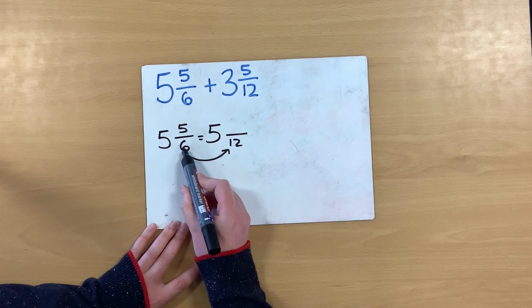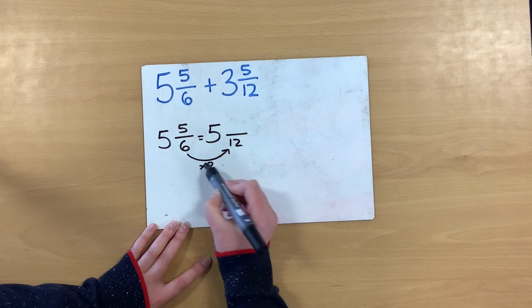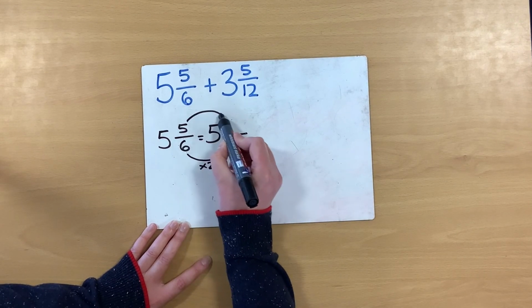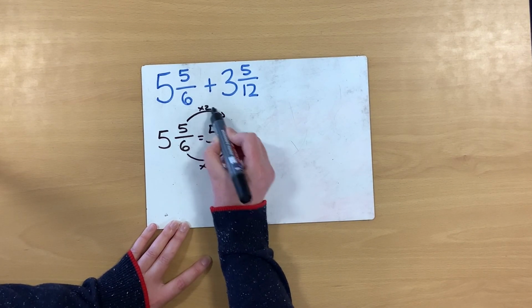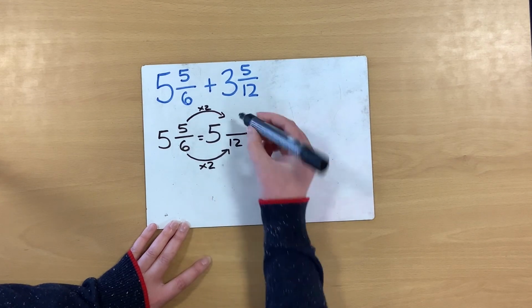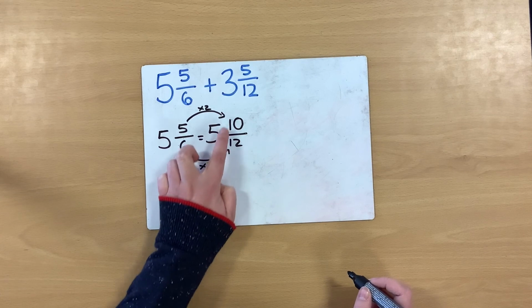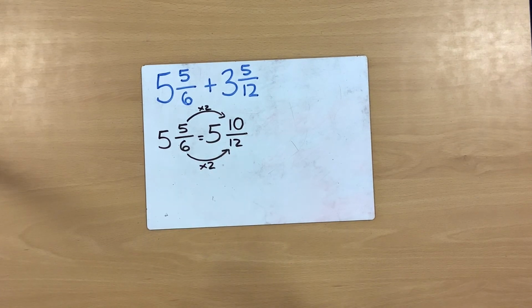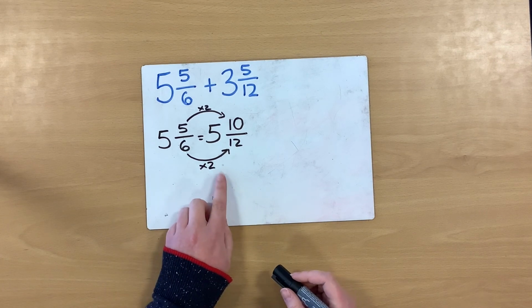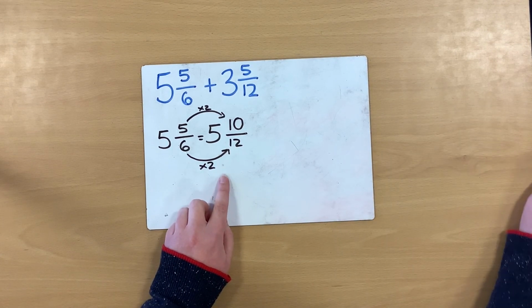Hopefully you then did 6 times 2 is 12. Remembering that we then do the same to the top. 5 times 2 is 10. So hopefully you managed to get 5 wholes and 10 12ths. If you didn't, pause the video, have a look at what I've done and correct your whiteboard.